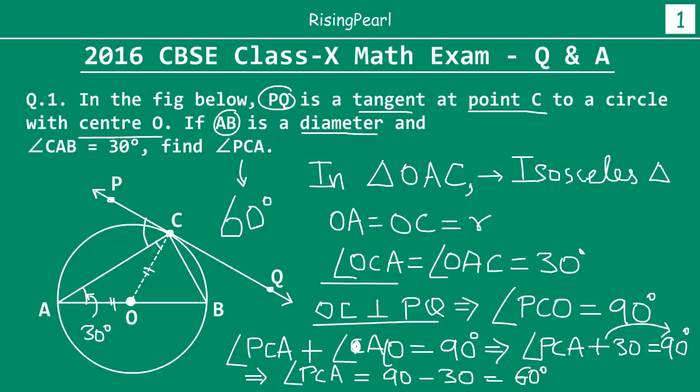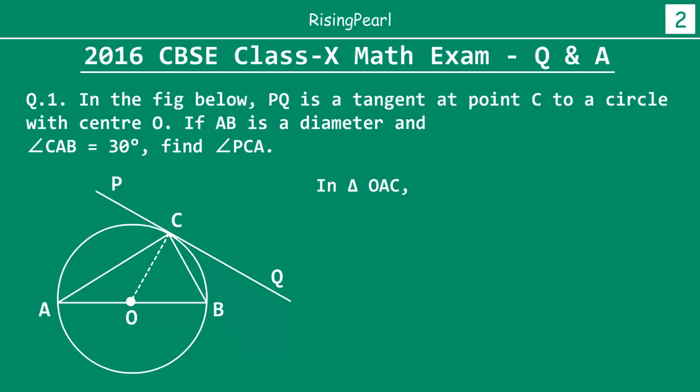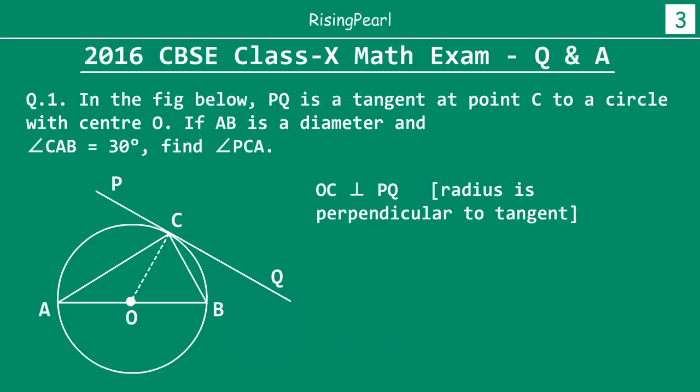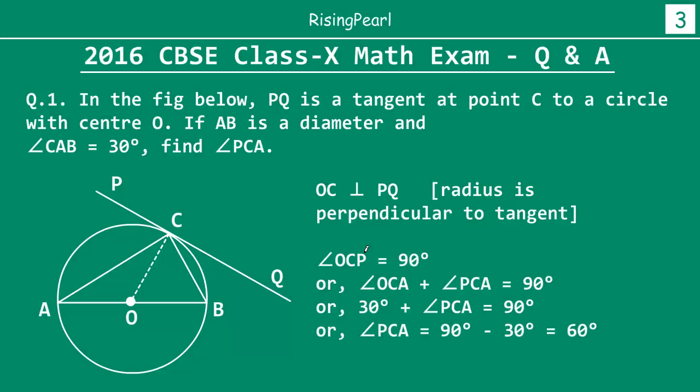Now obviously I have scrambled up quite a few things in here. If you were to write it neatly, this is how you would do it. In triangle OCA, angle CAB is 30 degrees, which is given. OA equals OC because both of them are radius. Then triangle OAC is an isosceles triangle, right? Therefore angle OCA equals angle OAC, which is equal to 30 degrees. Now OC is perpendicular to PQ, since the radius is perpendicular to the tangent, and therefore angle OCP, this whole angle, should be 90 degrees.